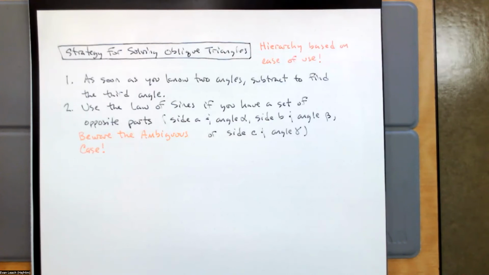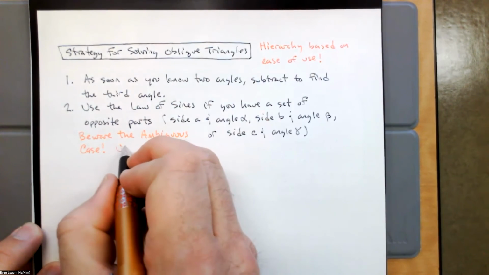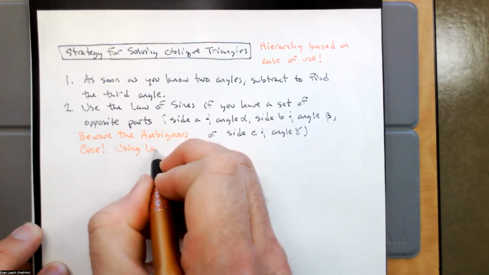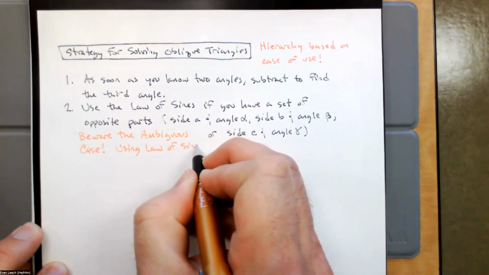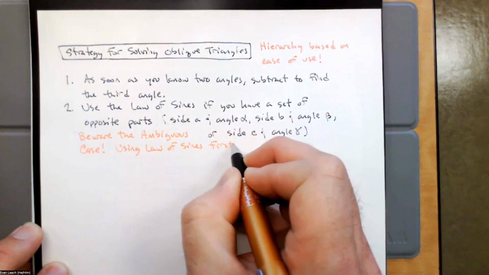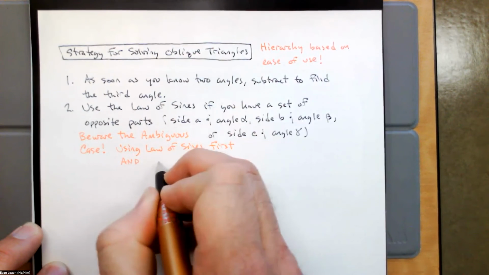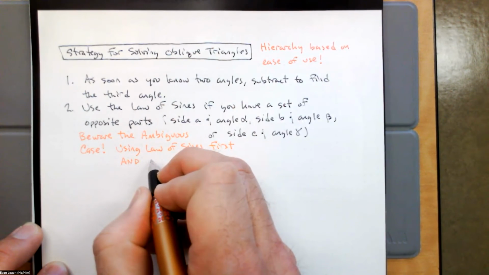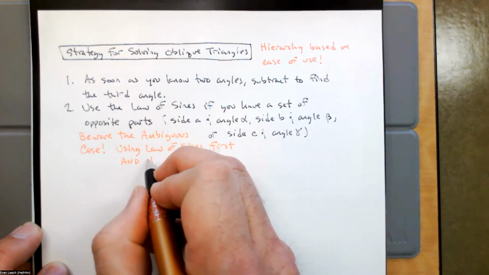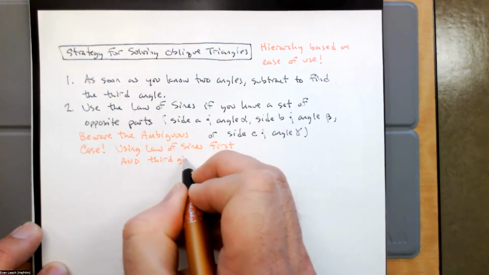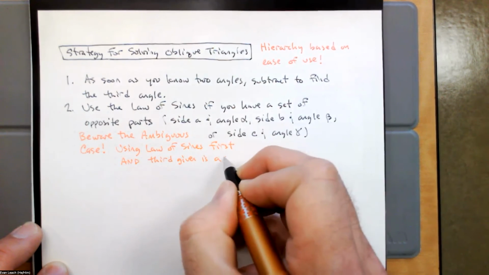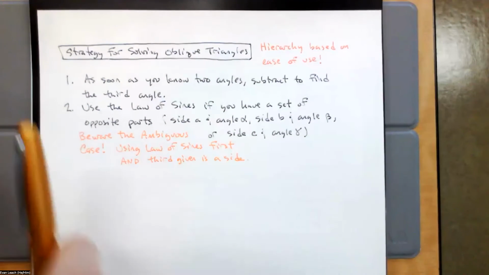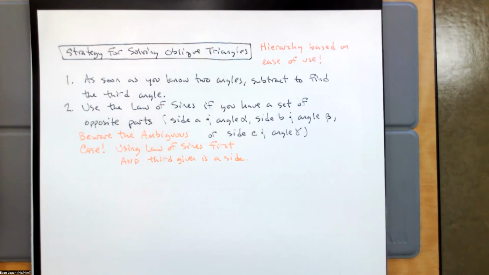If you're using the law of sines first and the other piece of information is a side, that's the ambiguous case. This is called the ambiguous case of the law of sines.